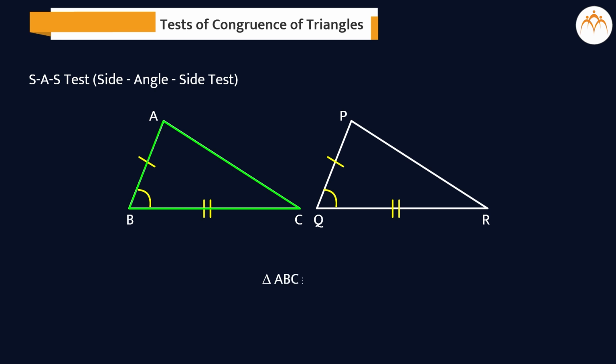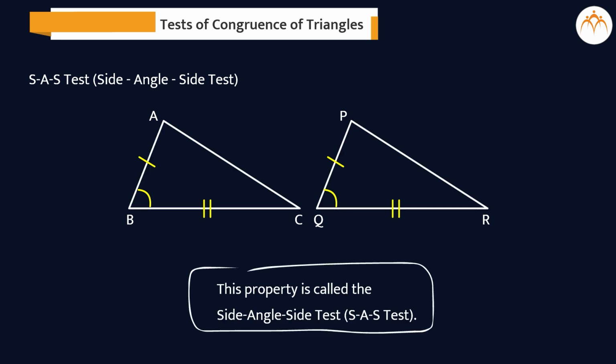Thus, triangle ABC and triangle PQR are congruent triangles. Triangle ABC is congruent to triangle PQR. This property is called the side angle side test, that is SAS test.